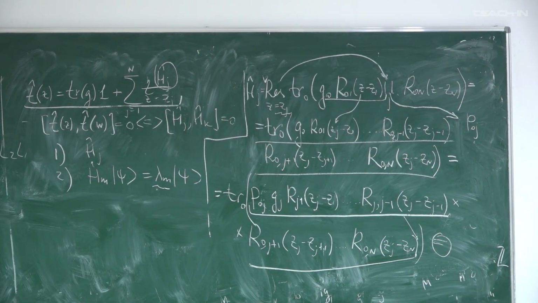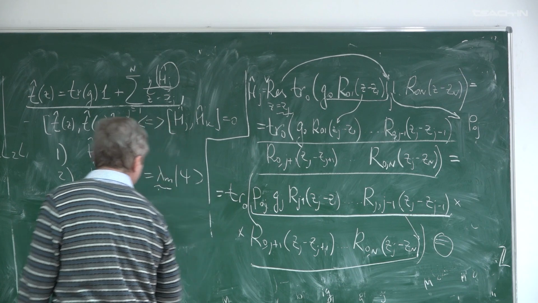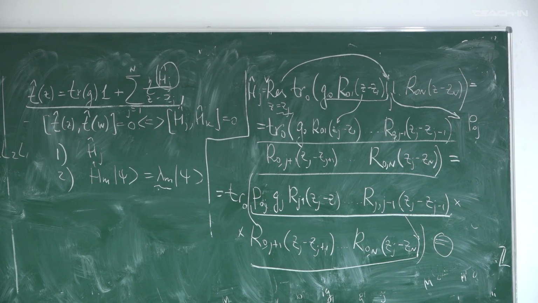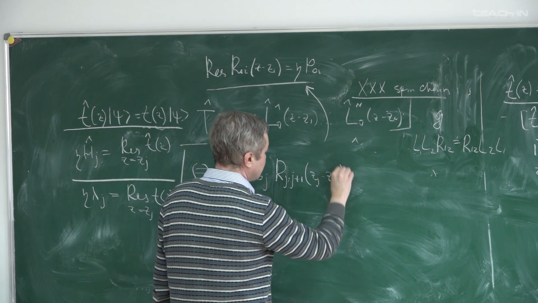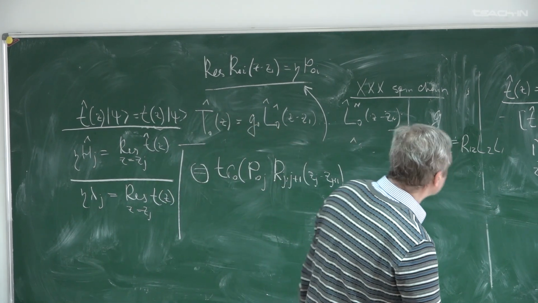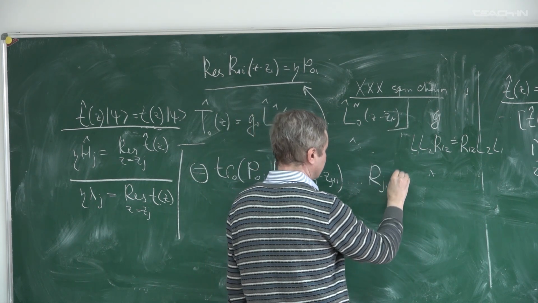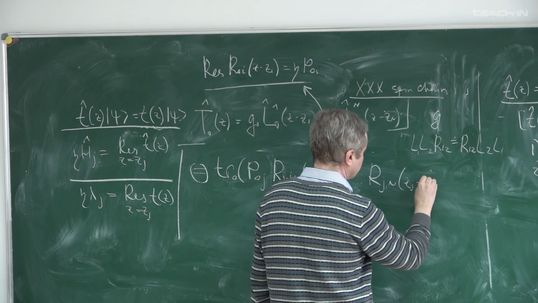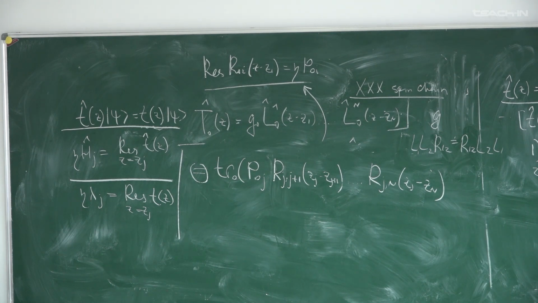This means that our answer will begin with this term now. So first we have R_{j,j+1}. Next, a product up to R_{jn}. And then I rewrite here all this expression which was moved to the right.